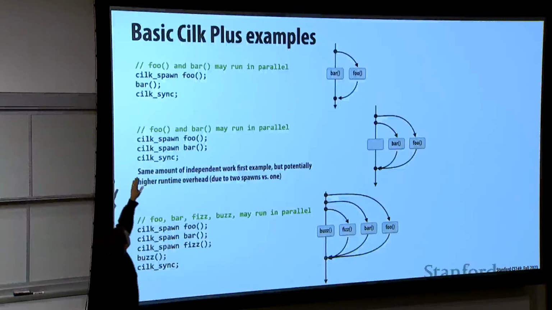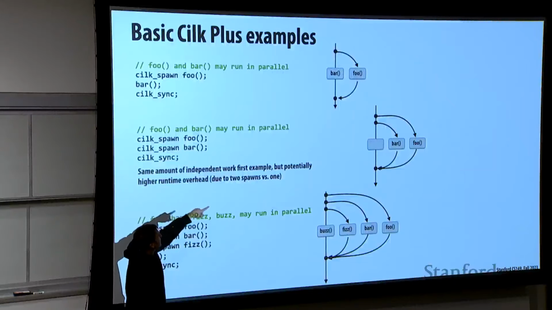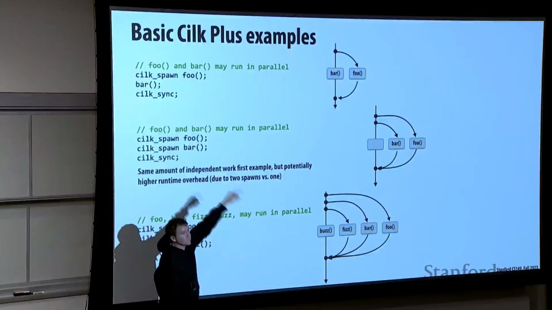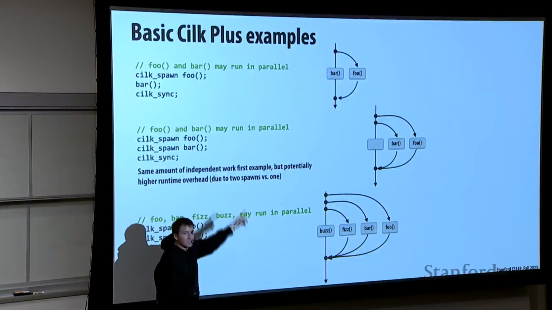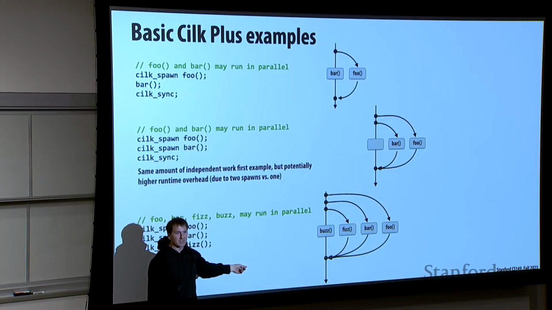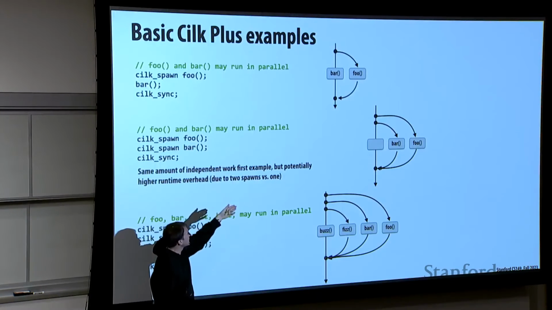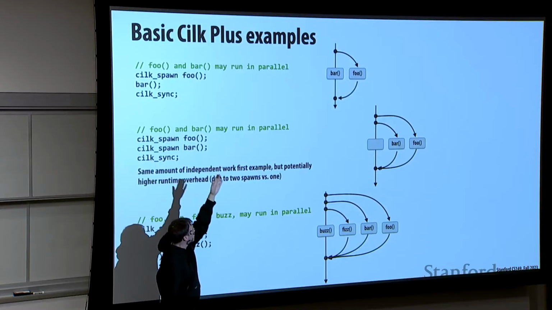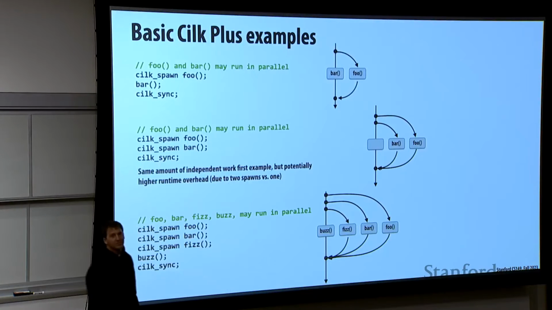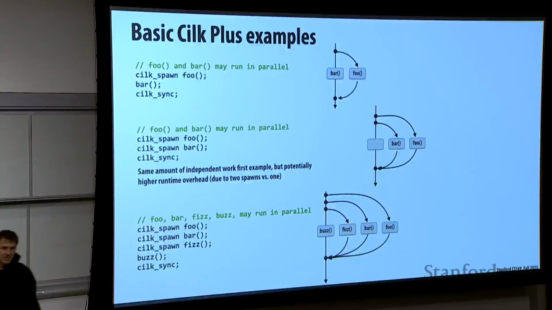So spawn foo and then calling bar and then syncing. Notice that foo is spawned off to the side. Bar is actually executed as a normal C function by the caller. That's why it's straight down. And then the sync means that the main caller has to wait for foo to complete before it continues. Does that diagram make sense?